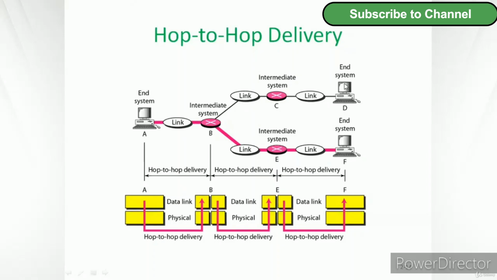This is an end system, this is an end system, and data is transmitted from this sender to this next node, which is an intermediate system. When data flows from one node to another, that is called one hop distance, and that is hop to hop delivery.